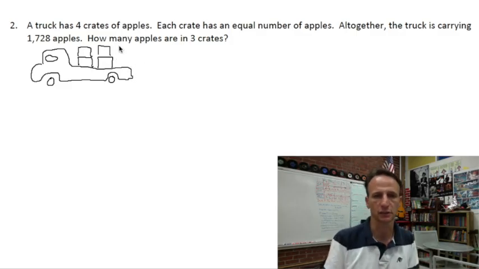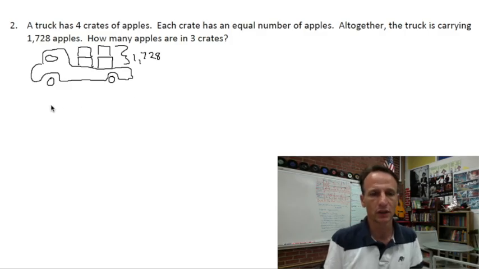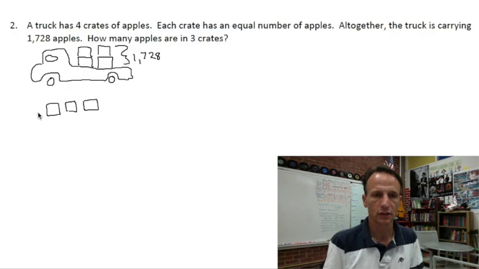Kind of look like slices of bread, but really they're crates. And so all together they contain 1,728 apples. But what we're trying to find is 1, 2, 3 crates.